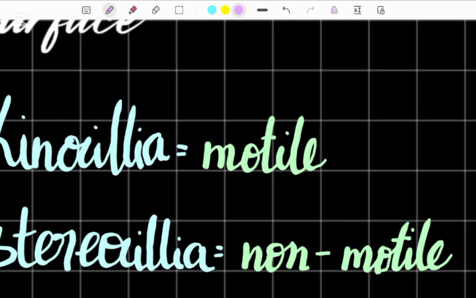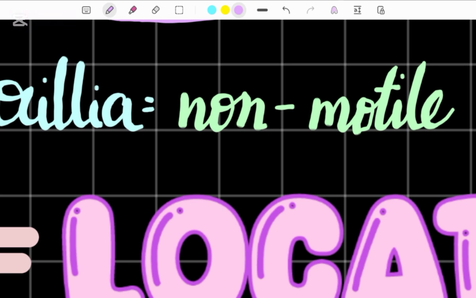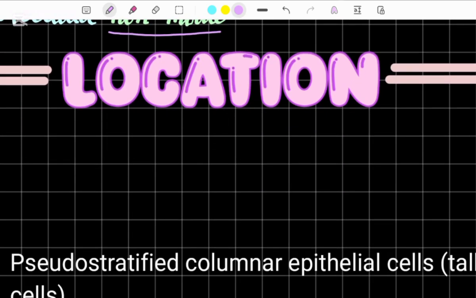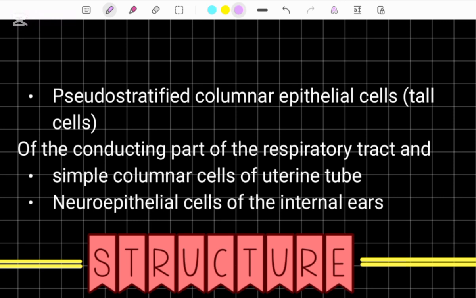So here it's mentioned the difference of kinocilia. The kinocilia are motile, that means they can move the mucus layer from the upper epithelial cells, while stereocilia are non-motile, so they cannot. Then why are they considered as cilia? What is the importance? First let's discuss their location. The kinocilia are present in the pseudostratified columnar epithelial cells of the conducting part of the respiratory tract.